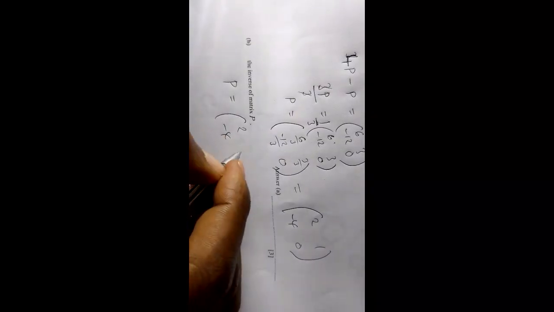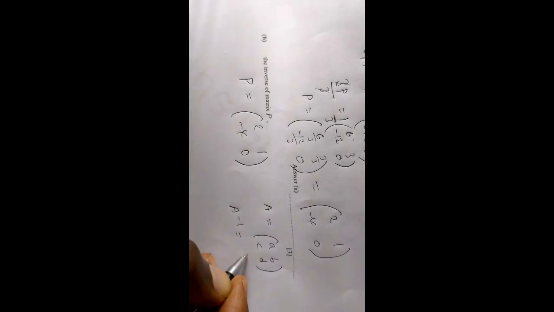Part B says find the inverse of matrix P. So our matrix P is equal to (2, -4; 10, 0). So let us say that we have matrix A being equal to (a, b; c, d).